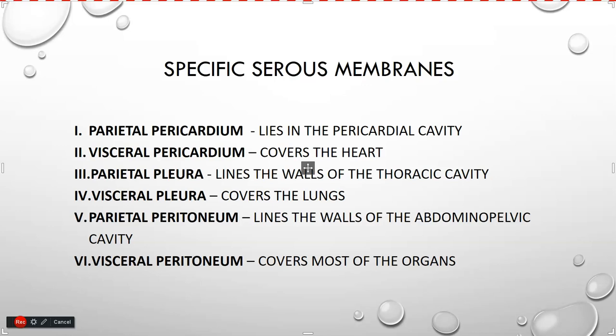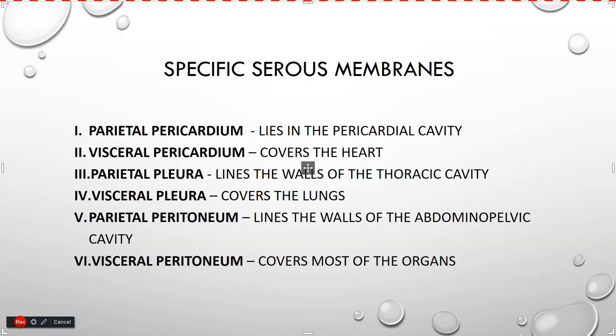The last specific serous membranes are the membranes that are involved with the abdominal pelvic region. When we look at that, all the organs that are found in there, the stomach, the liver, the spleen, the pancreas, the intestines, and so forth, collectively are known as the peritoneum.